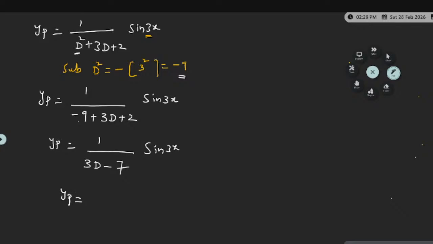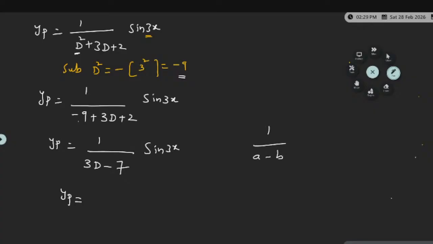Here in this trigonometric type 2, the most important term is D square. The denominator will be simplified if you have D square terms, but here at present there is no D square. Now I will bring D square here. How? By rationalization.